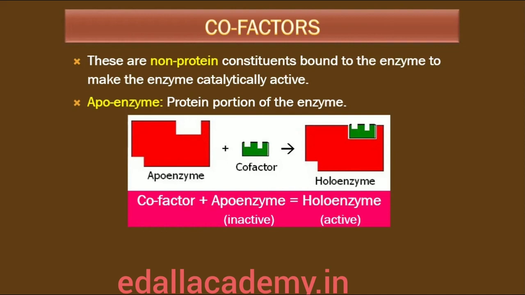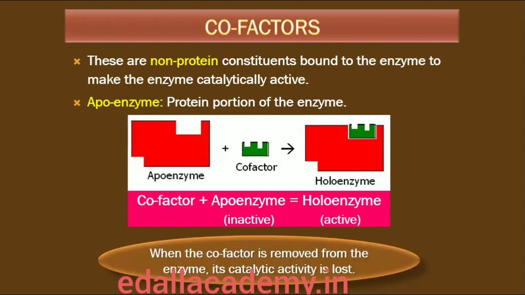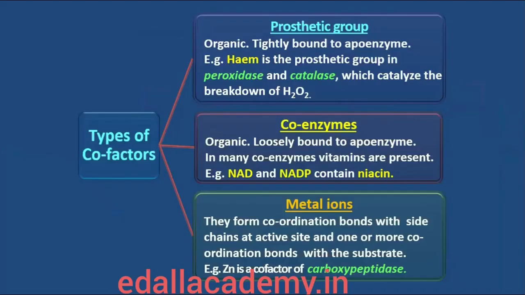In these instances, the protein portion of the enzyme is called the apoenzyme. 3 kinds of cofactors may be identified, such as prosthetic groups, coenzymes, and metal ions. First one is prosthetic groups.